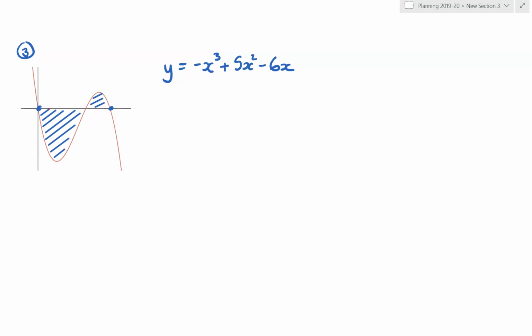Okay, so still need to solve it, still need to find these three roots. So again, set it equal to 0. Don't particularly like the negative, so multiply through by -1.